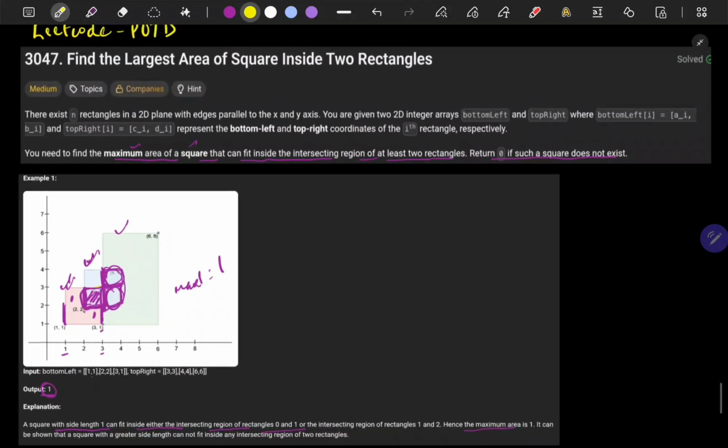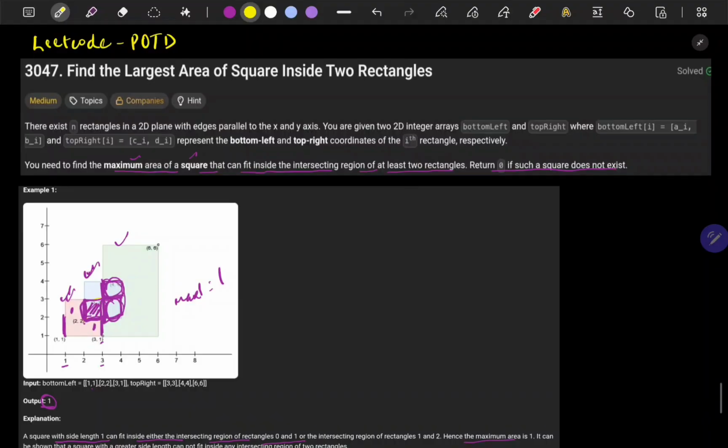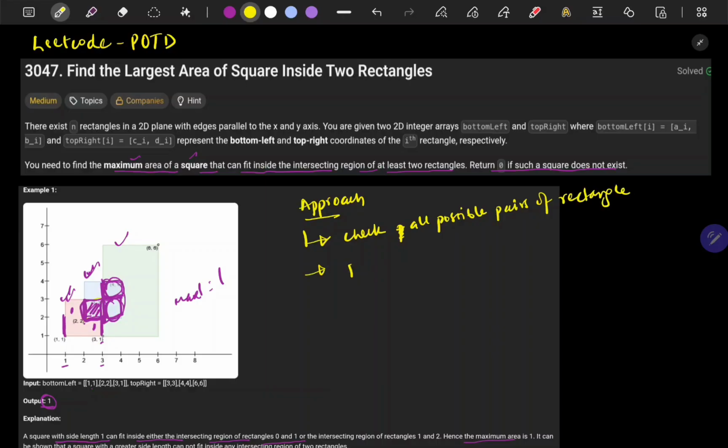So what is the first approach that comes to your mind? The simple approach is to check all possible pairs of rectangles.